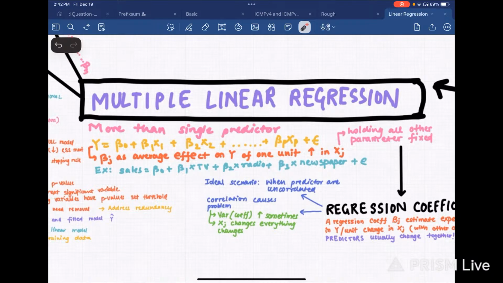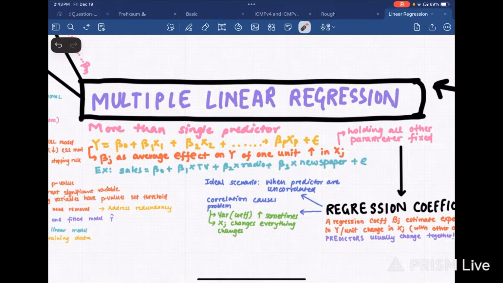So our function y equals f(x) will change to y equals beta naught plus beta 1 into x1 plus beta 2 into x2 till beta p into xp plus epsilon. This is the error or noise, and there are p predictors here.